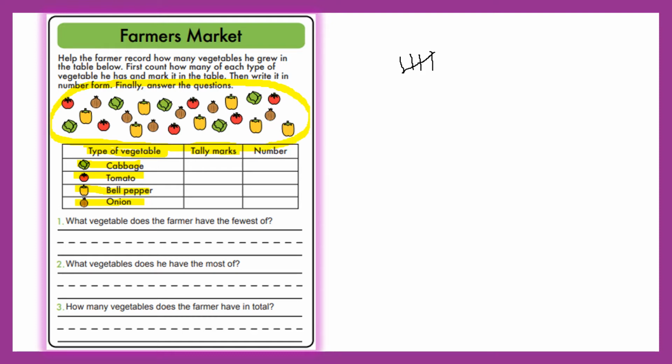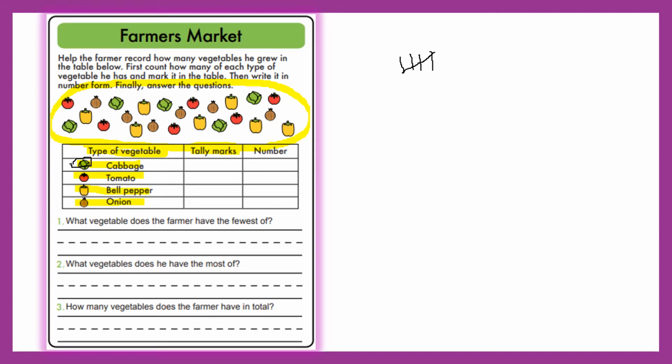And we are going to make a tally mark for each category of a vegetable. So, for example, we're going to start right here with our cabbage. We're going to look for every type of vegetable that looks like that. We're going to look for every cabbage.